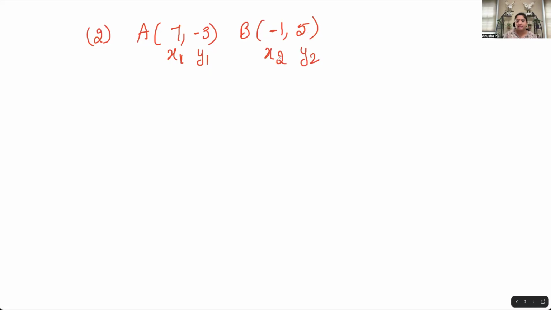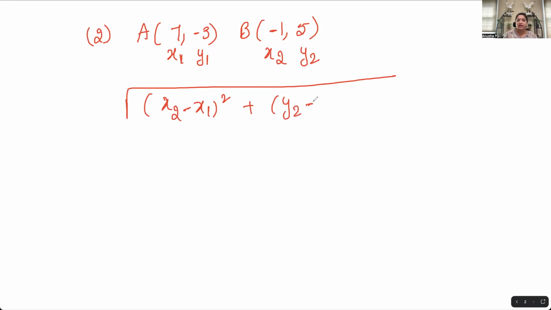Second example, A is (7, minus 3) and B is (negative 1, 5). First step, you have to label the points. The first point we will label as x1, y1. Second point we will label as x2, y2. The distance between the 2 points is given by the formula (x2 minus x1) whole square plus (y2 minus y1) whole square.